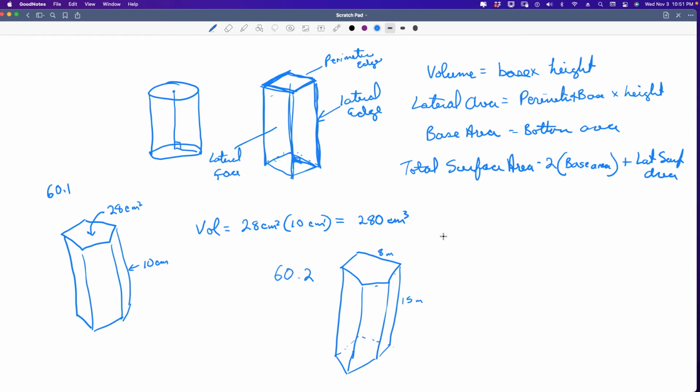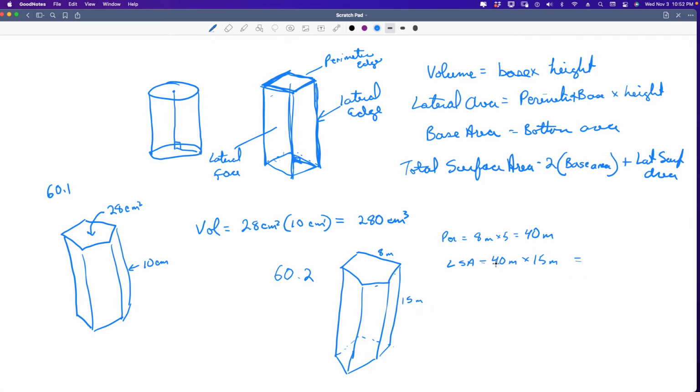So we can say that the perimeter is going to equal 8 meters times 5. So that's going to be 40 meters around the edge. Now we just multiply this perimeter for our lateral surface area. It's going to be 40 meters times 15 meters, because that's the height here.